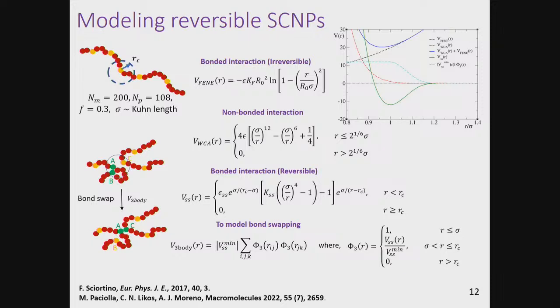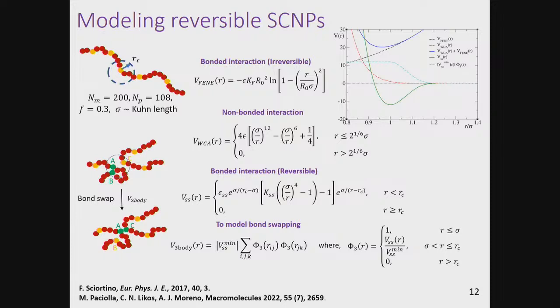So what is exactly happening is, let's say there is a bond between A and B reactive monomers, and another reactive monomer C is entering. What ideally we want to achieve is a bond swap, something like this. To do that, we impose an additional repulsive potential through this three-body potential.